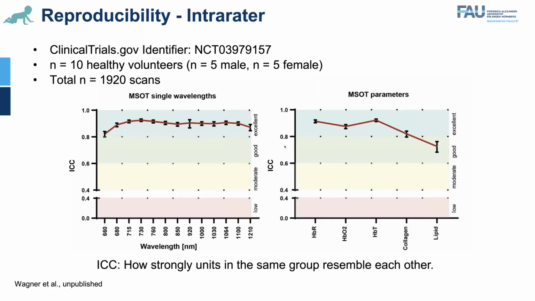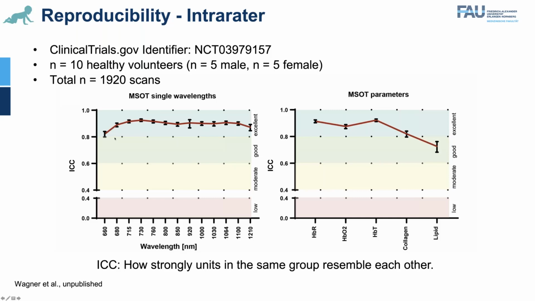And what we can show you now is that we calculated a clinical correlation. It's called the intra-class correlation coefficient, and it says how strongly units in the same group resemble each other in the group.